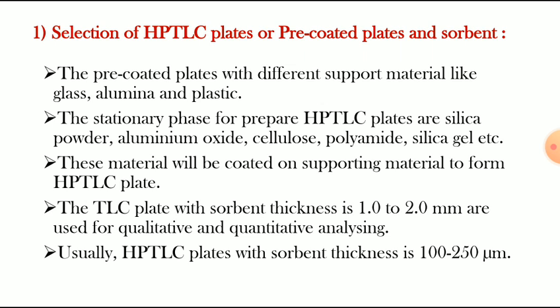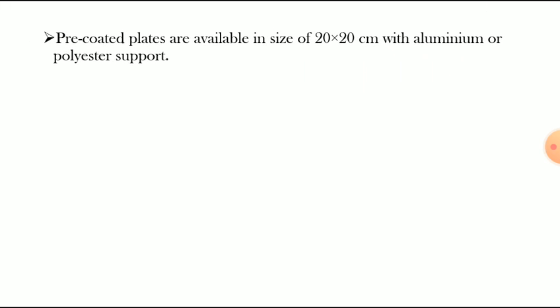Now we will see the second criterion. Pre-coated plates are available in sizes of 20 by 20 centimeter or 10 by 10 centimeter with aluminum or polyester support. See, this 20 by 20 centimeter is the available size, but according to our requirement, we can cut that plate with the help of scissors or a blade.